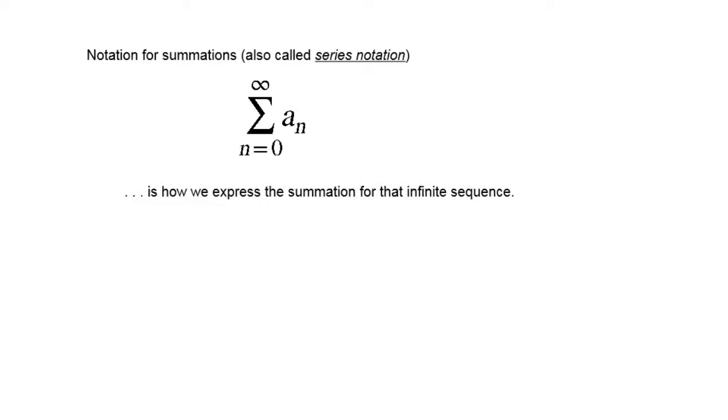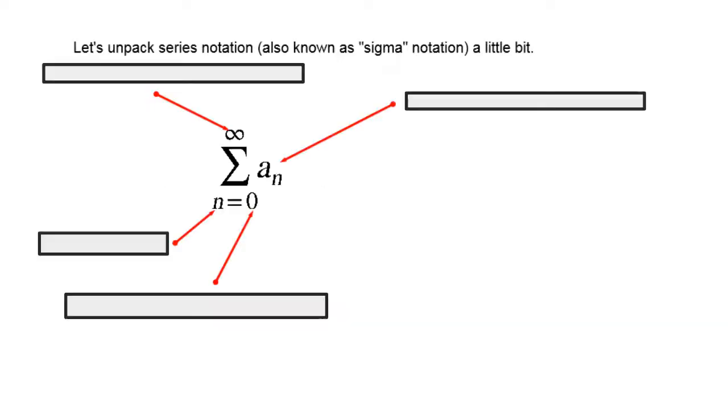You will see this piece right here. You will also hear this called sigma, after the Greek letter sigma. It looks like a big capital E with some fanciness put in there. That is telling you that you're summing this function right here.